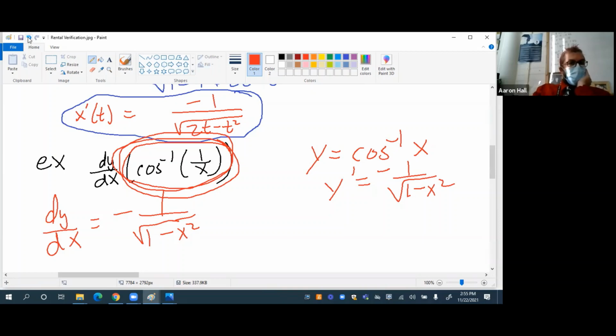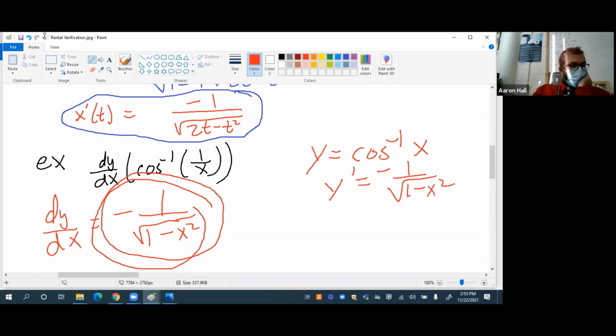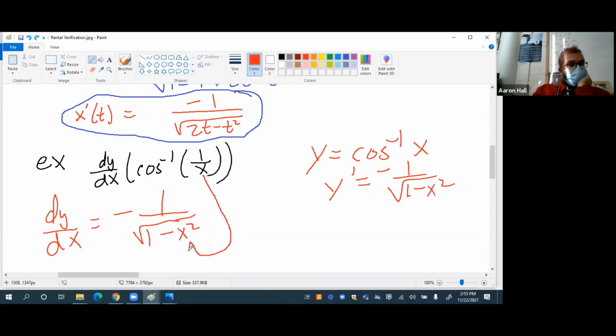So how do I need to change this? Make it like the, what's it called? It wasn't really x, right?